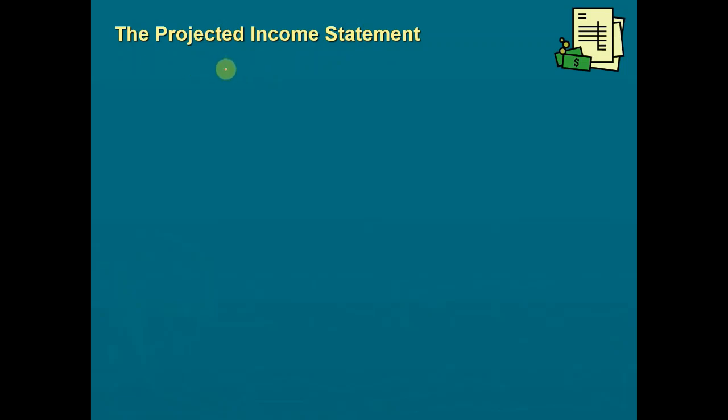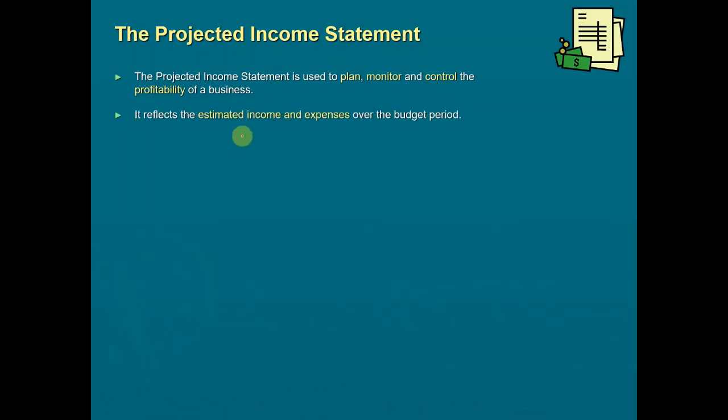Within the topic of budgeting, we are going to investigate the projected income statement. The projected income statement is used to plan, monitor, and control the profitability of a business.